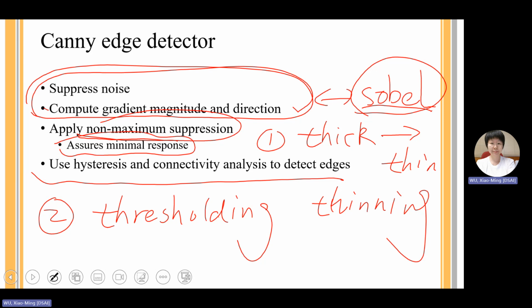If the threshold is too high, it makes the edges discontinuous. So the second innovation in Canny is a new thresholding method, which introduces two thresholds instead of one, to address this issue. Now let's take a look at the first one, how to do thinning.